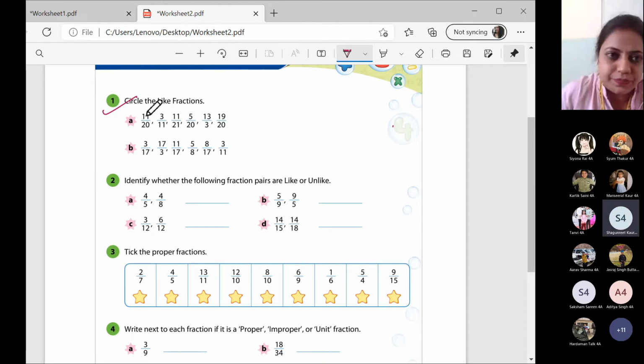Ma'am, 13 by 3. Is there any other fraction with same denominator?